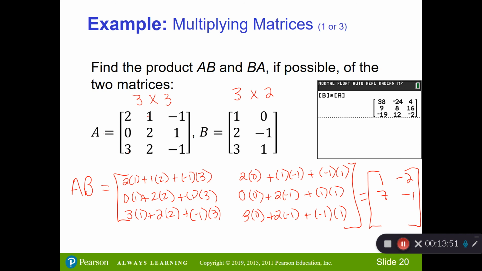Then 3 plus 4 is 7, minus 3 would be 4. 0 minus 2 minus 1 would be negative 3. So our result is this matrix. Now, can I multiply B times A? Notice these are the dimensions of B, 3 by 2, times A, 3 by 3. These don't match, so nope, I cannot multiply those.